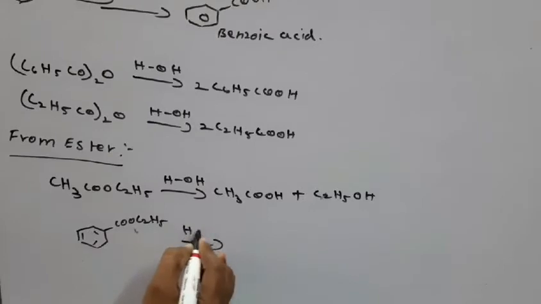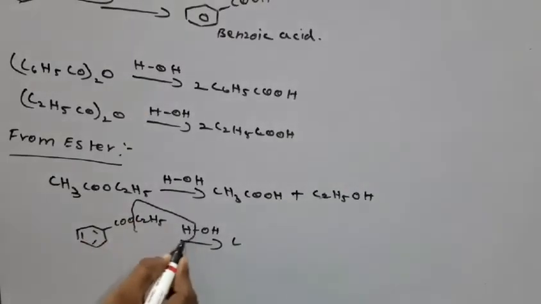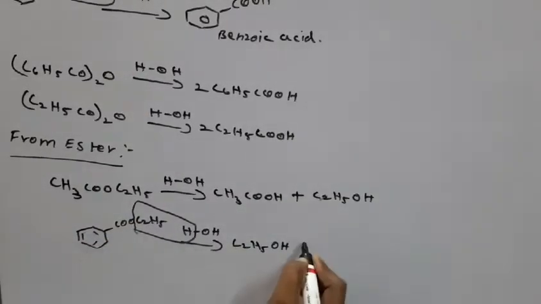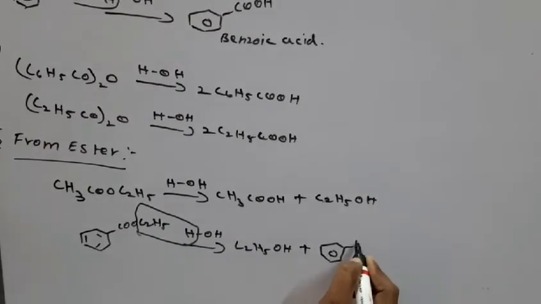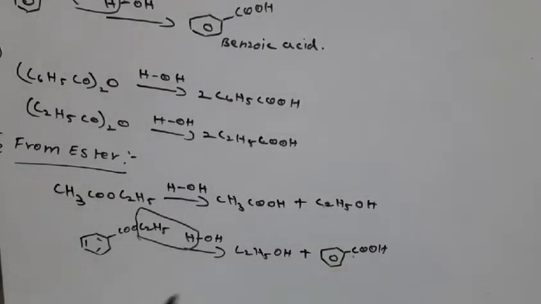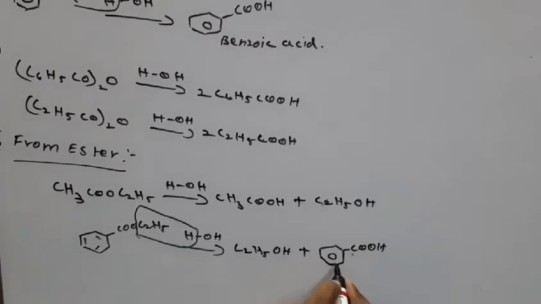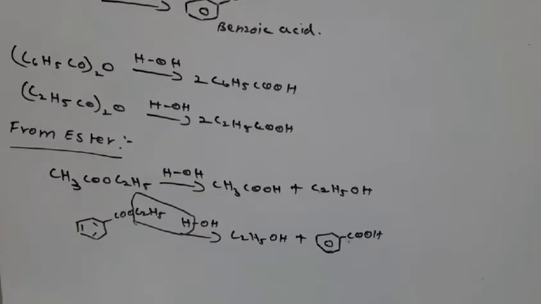In the presence of hydrolysis it forms C2H5OH plus the remaining part, benzoic acid. Okay, so this is your preparation of acid.